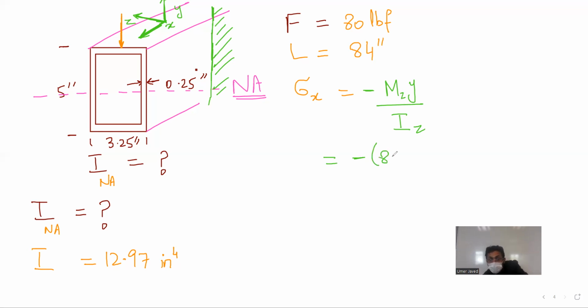So it is 80 multiplied by 84 inches, multiplied by Y, the maximum distance from the neutral axis. So that is 2.5 inches divided by 12.97.